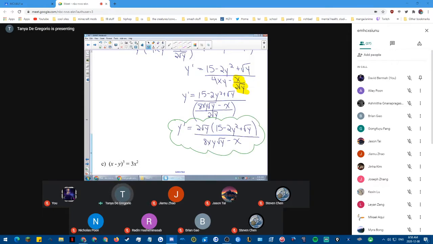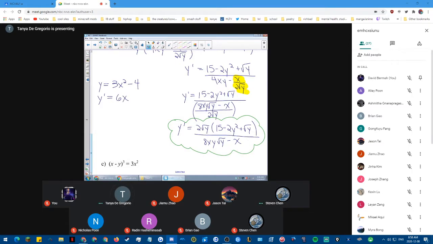Any questions so far? Why are we solving for y prime instead of something like x prime? What's the derivative? Whenever we have a function, like if I have y equals 3x squared minus 4, I always want it as y prime equals, don't I? Oh, okay.